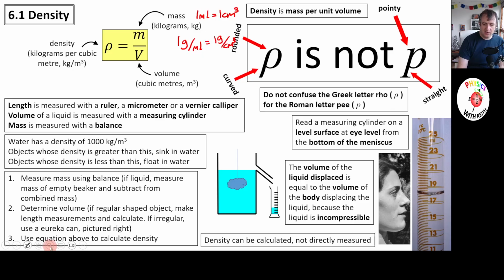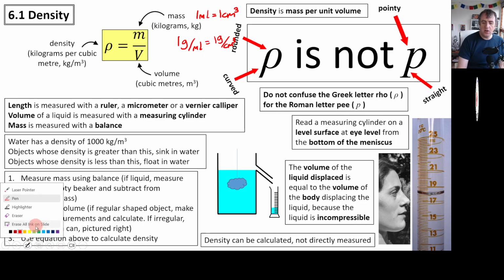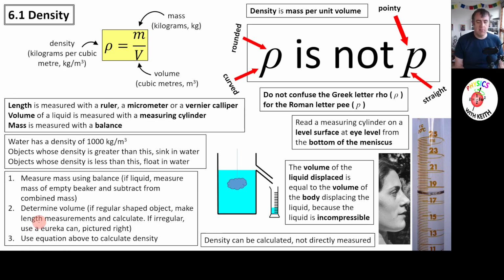But do be careful, because in physics we often choose to use kilograms per cubic metre. We use what is called the MKS system of units rather than the CGS system of units. Sorry, the MKS. I've got those letters in the wrong order.